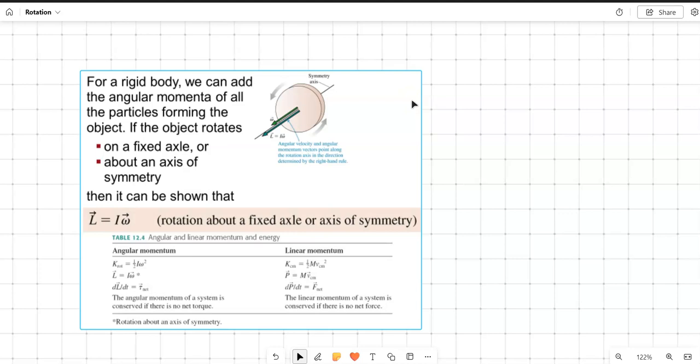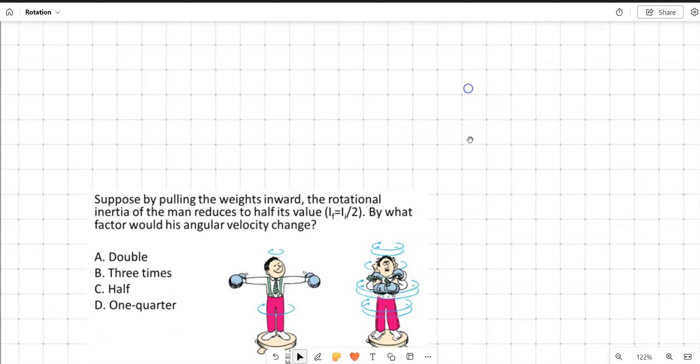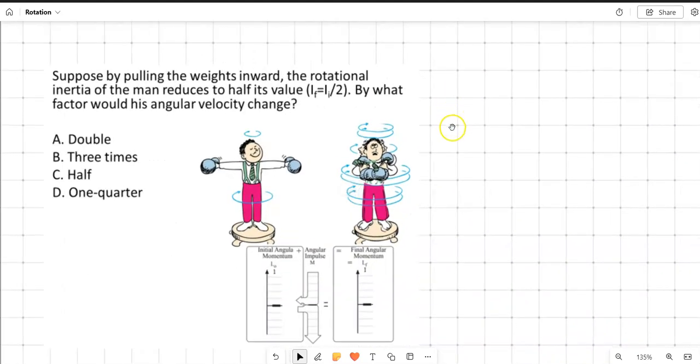If the object is rotating counterclockwise, that's interpreted as along the positive z-axis, a positive angular momentum. If it's rotating clockwise, that is along the negative z-axis using the right-hand rule, so that's considered a negative angular momentum. Okay, so let's do some problems.